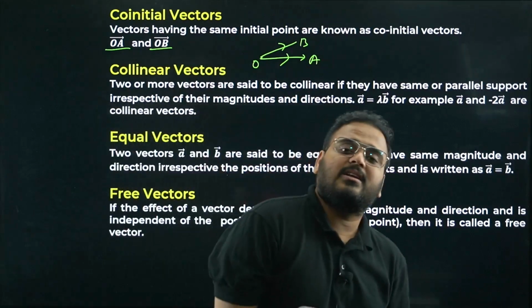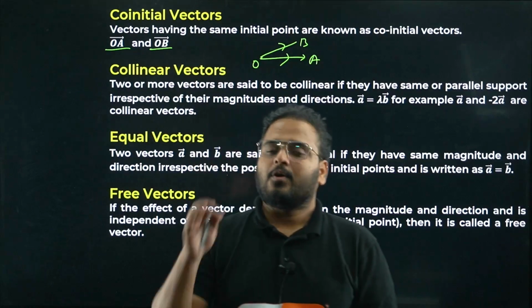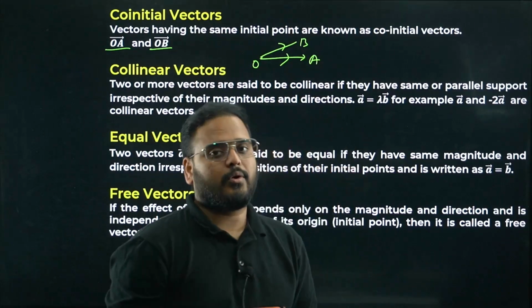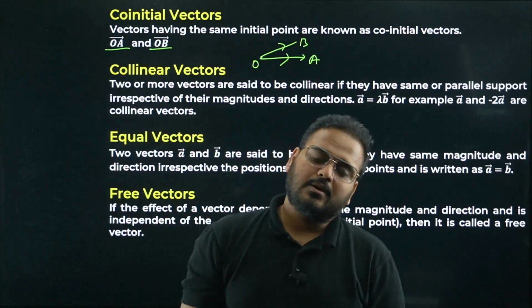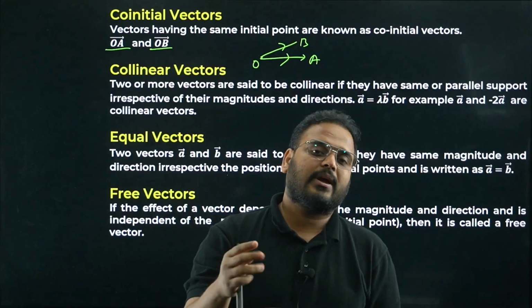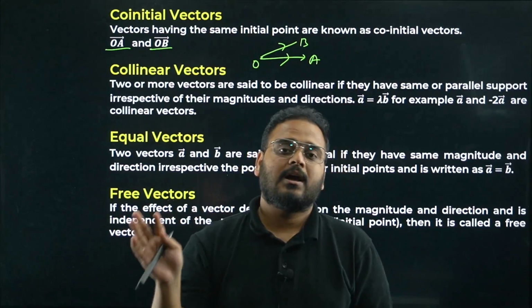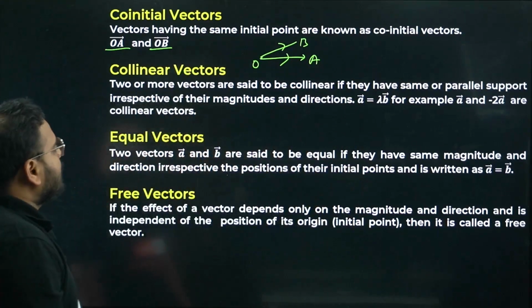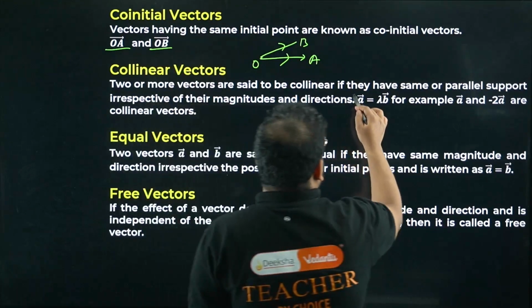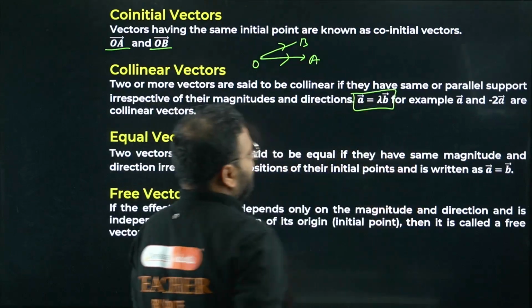It doesn't matter whether they are equal in magnitude or not. The only thing that matters is whether they are parallel or not. Let's say I take vectors A and B, both parallel to vector C. Then I'll say A and B are collinear, regardless of whether the magnitudes of A and B are the same. So how to write it? Like this: A equals lambda B.